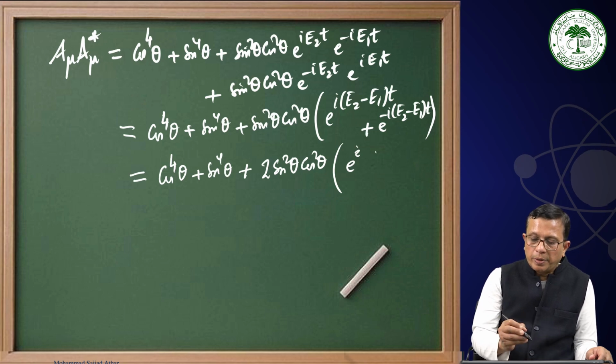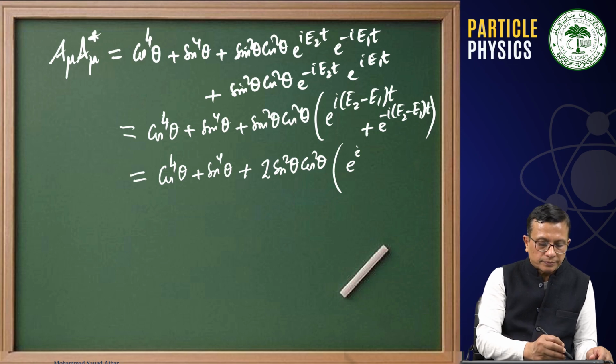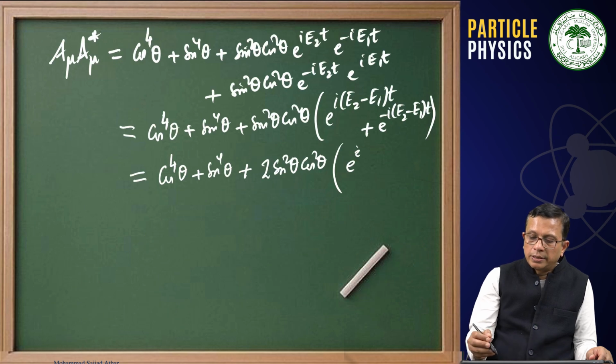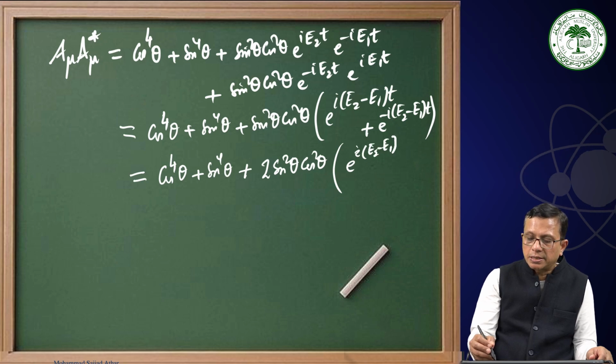Remember E2 minus E1 will be m2² by 2p minus m1² by 2p times t. Okay, for the time being, let us stick with e^(i(E2−E1)t) plus e^(−i(E2−E1)t) by 2.